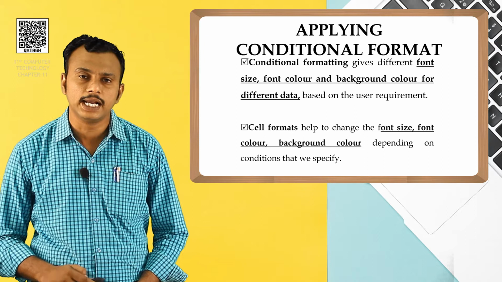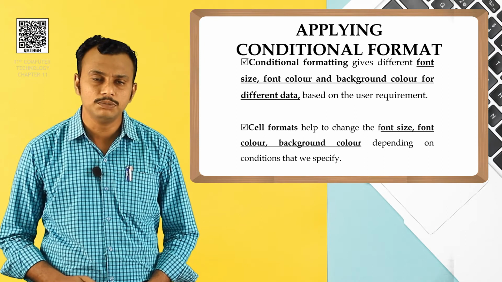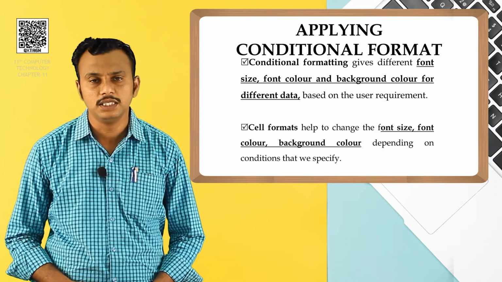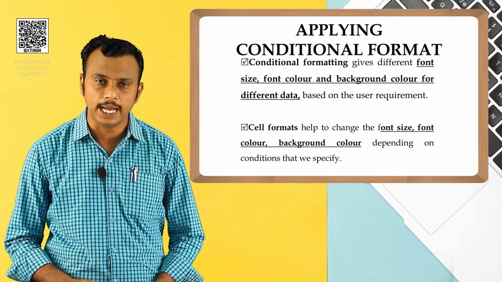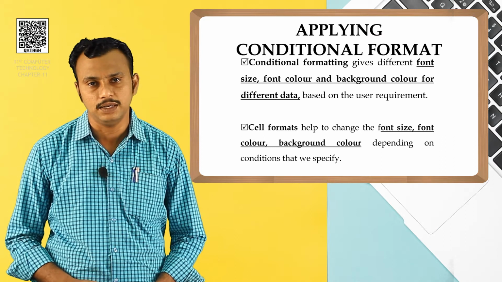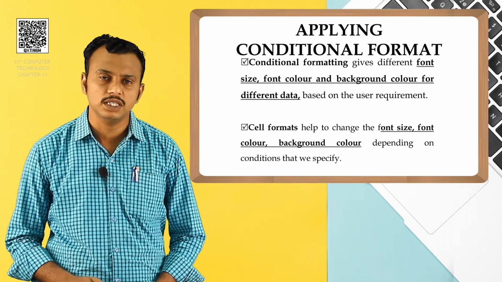So first of all, we can discuss applying conditional formatting. What is meant by conditional formatting? Changing the font size, font color, and the background color of a particular cell. Why do we want to change those things?